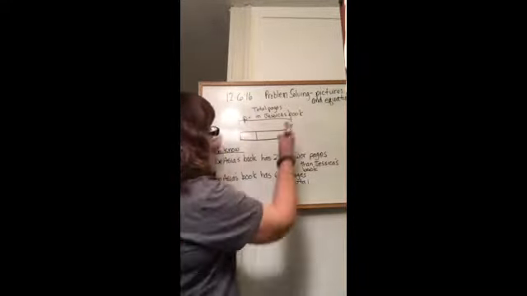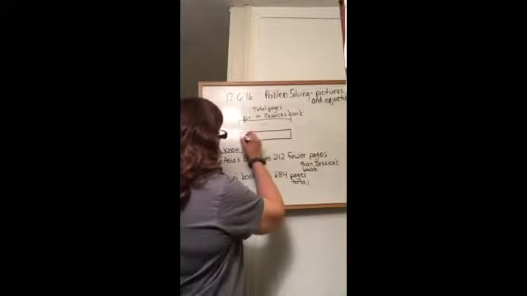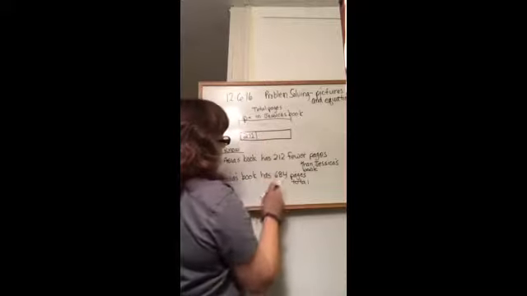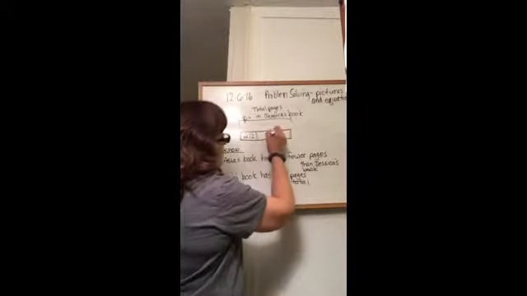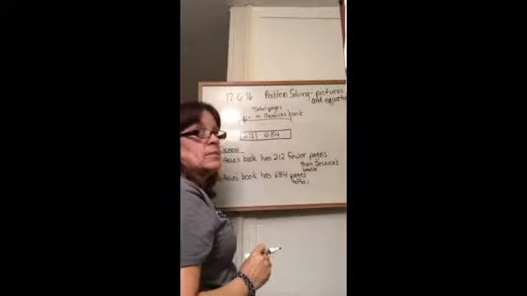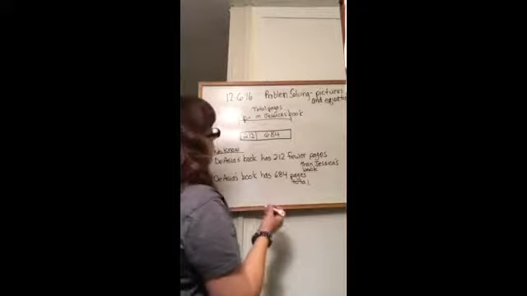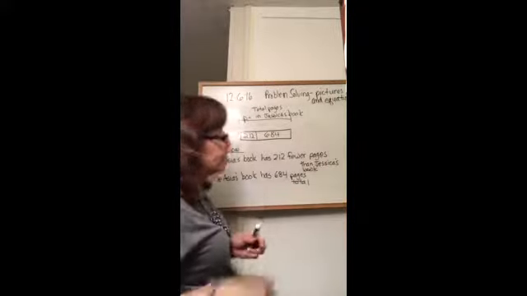So we take this strip diagram. It's 212 fewer pages, and then we're looking at the 684 pages that we know her book has, and we're trying to figure out the total number of pages that Jessica's book has.